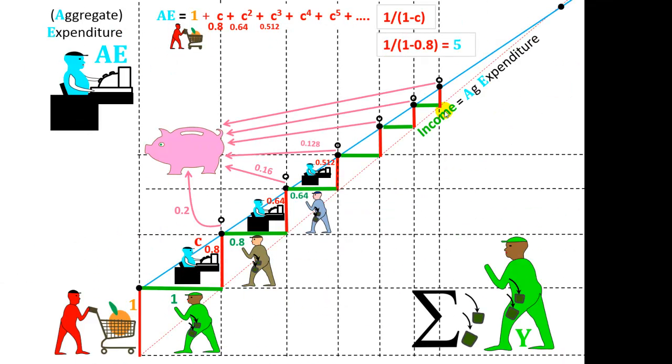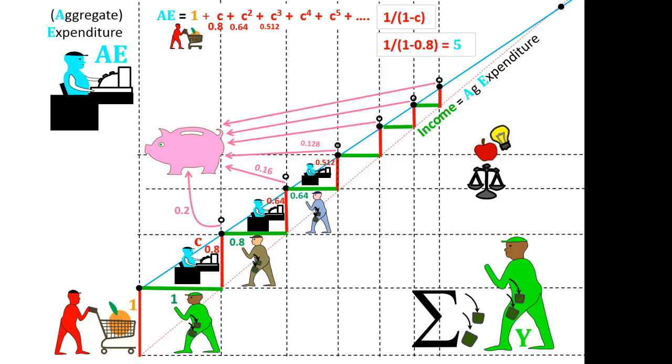So if income is equal to the aggregate expenditure, then both values are 5. And as we explained in the previous video, if this happens, then we say that the goods and services market is in equilibrium.